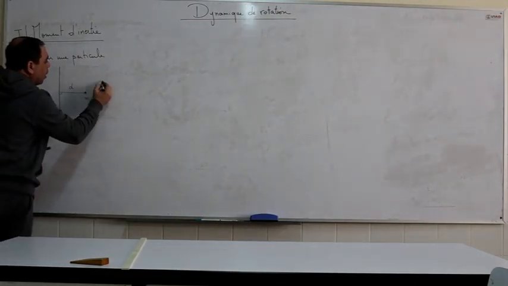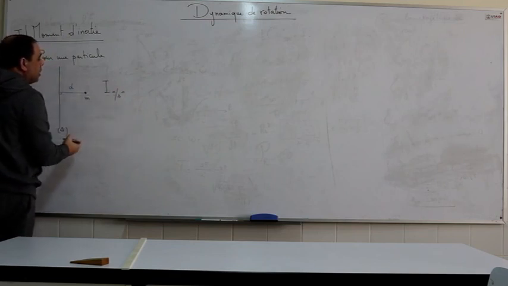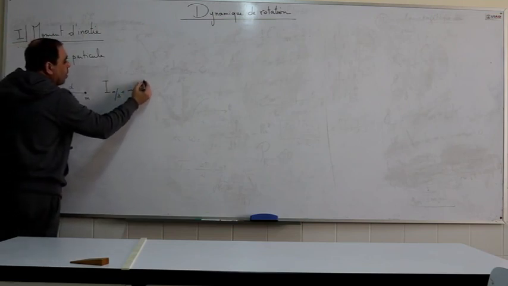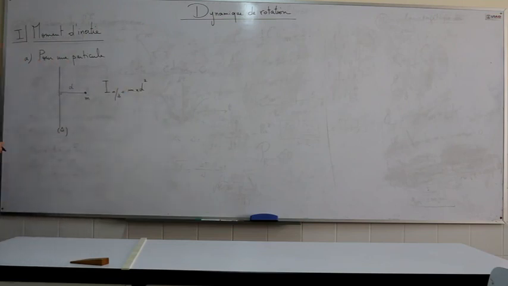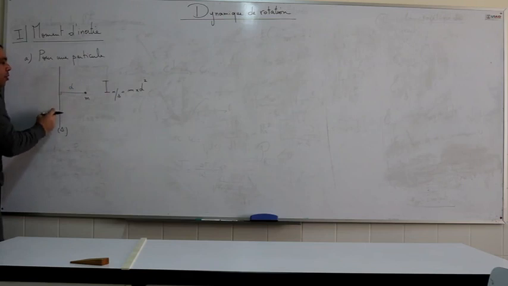The moment of inertia of this particle of mass m with respect to delta is equal to the mass multiplied by the square of the distance. This distance is the perpendicular distance between the particle of mass m and the axis of rotation delta.